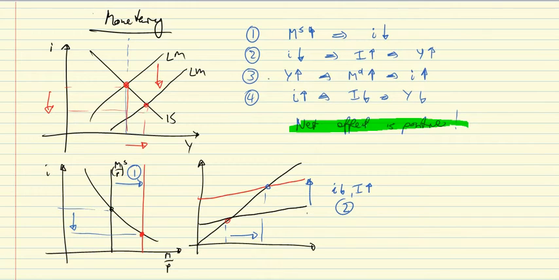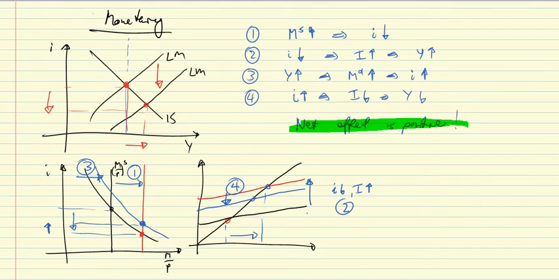Step 3 then means that back in the financial market we get a rightward shift of the money demand function. This is 3, so that the interest rate rises back up slightly, and that equivalently leads to again a decrease in investment due to the rise in the interest rate.